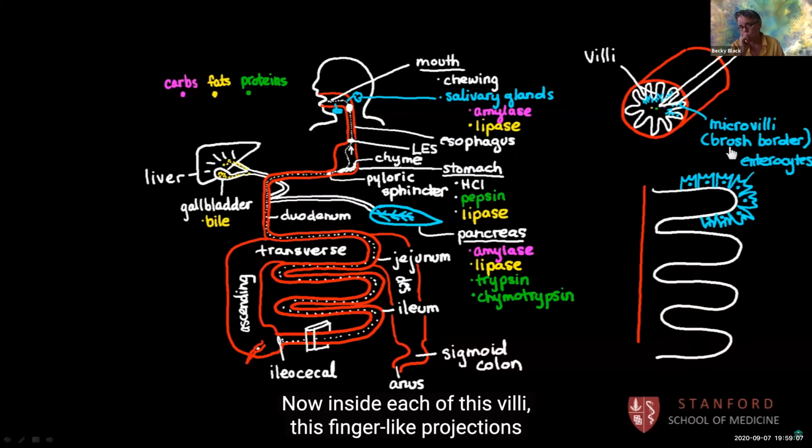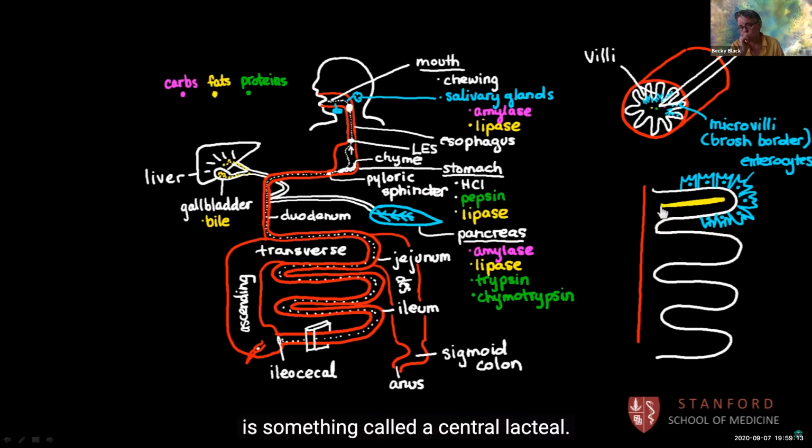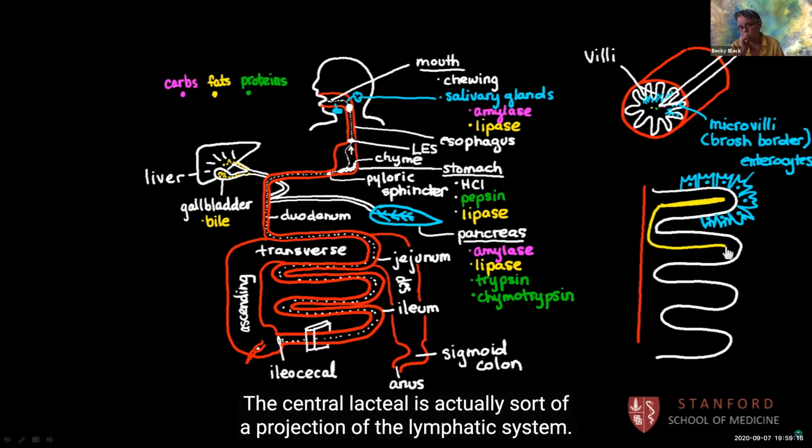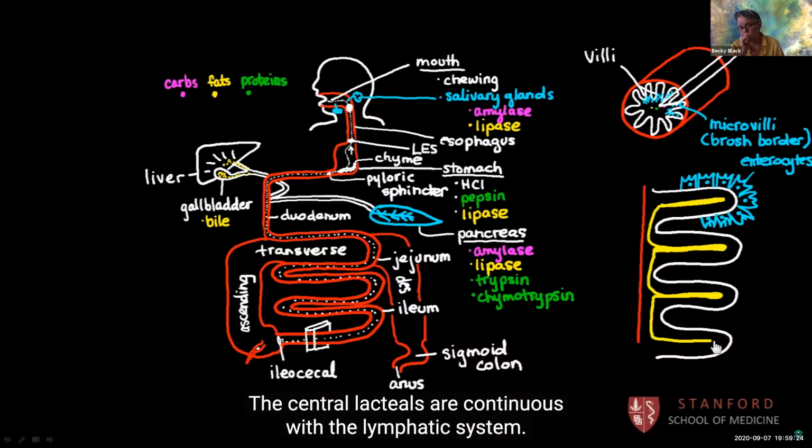Now, inside each of these villi, these finger-like projections, is something called a central lacteal. And the central lacteal is actually sort of a projection of the lymphatic system. So the central lacteals are continuous with the lymphatic system.